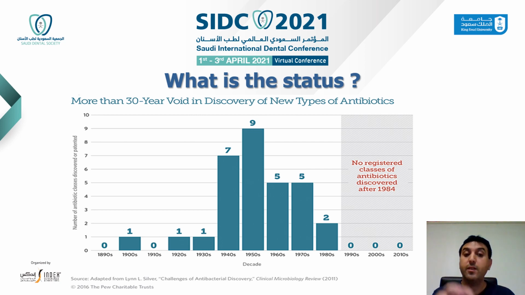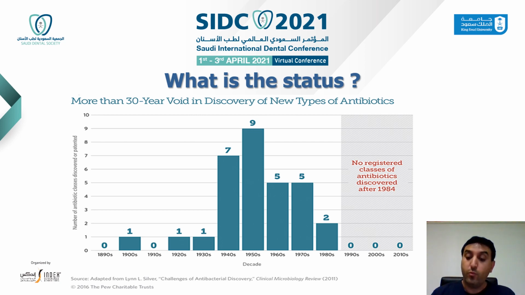What makes it worse is the gap: the last time we had a class discovery of antibiotics was almost 40 years back. So we have a big gap in the discovery of new classes of antibiotics.